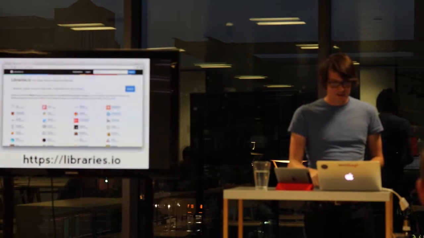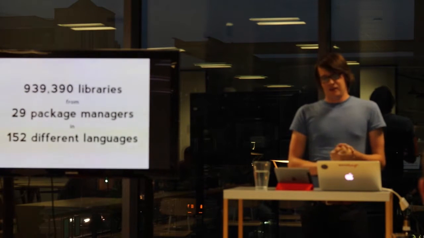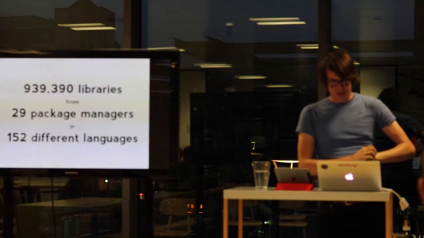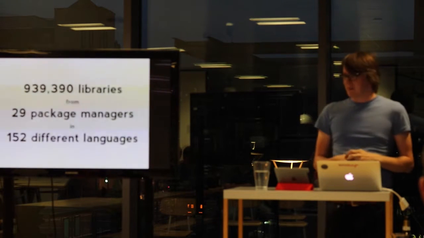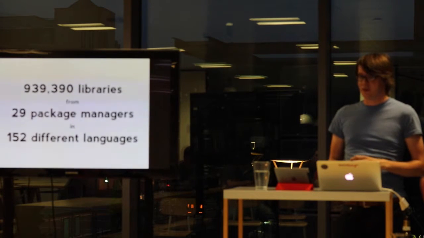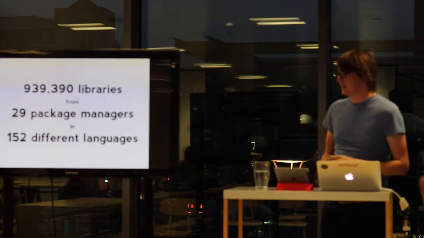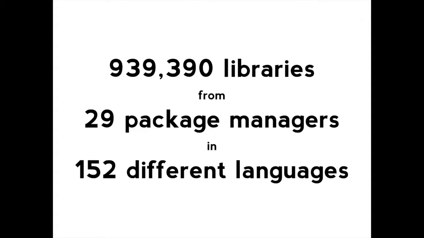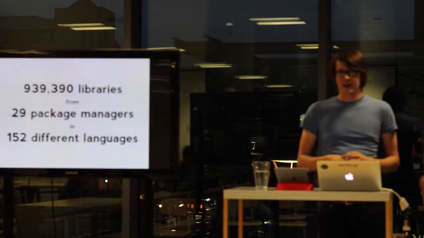And I've ended up with, this was updated about 2 hours ago, so there's probably more now, nearly 950,000 different libraries, and this is across 29 different package managers and written in about 152 different programming languages, which is kind of insane.